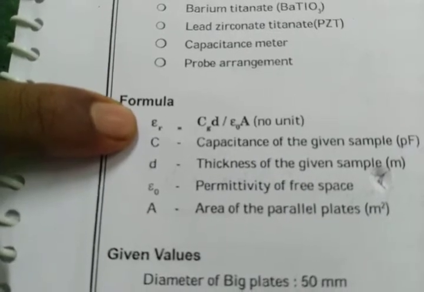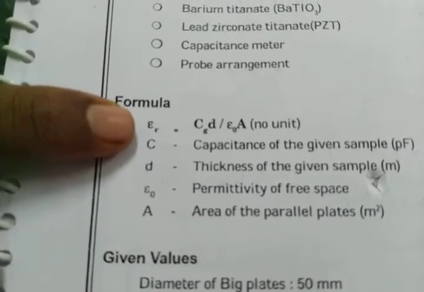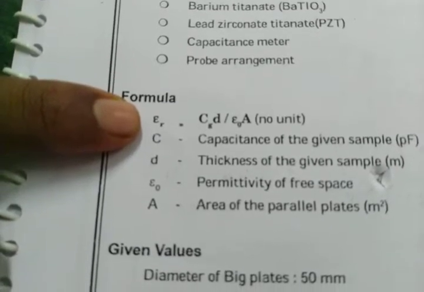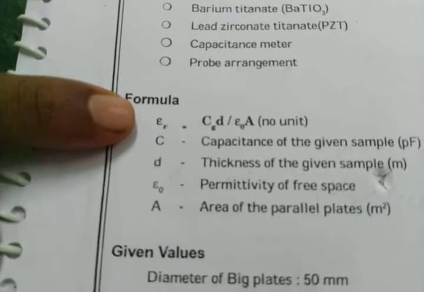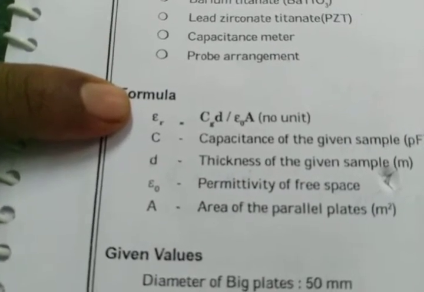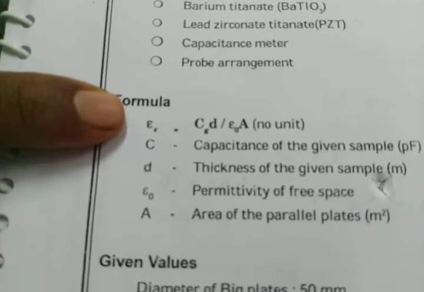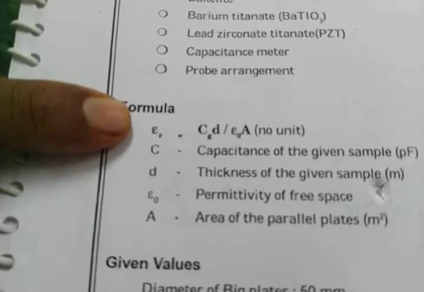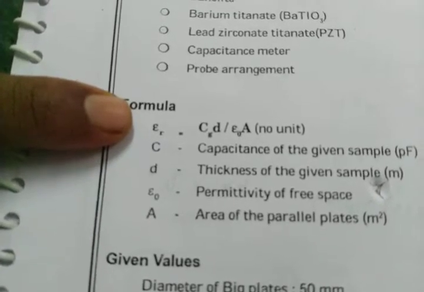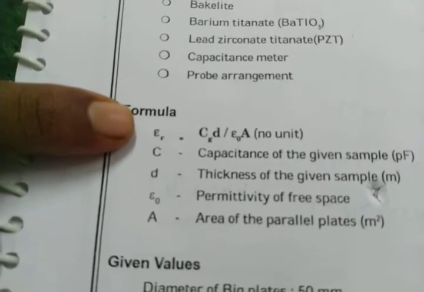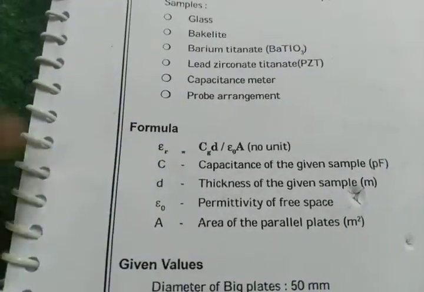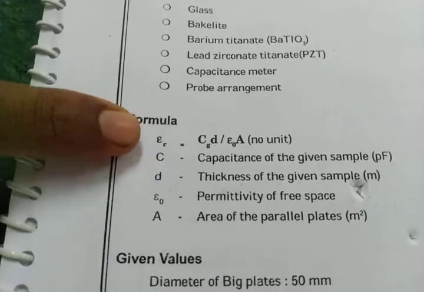Epsilon R, the dielectric constant, is equal to C, the capacitance, times D, the thickness of the sample, divided by epsilon naught, the permittivity of free space, times A, the area of the sample. So if you can measure the capacitance value C, you can find the dielectric constant.